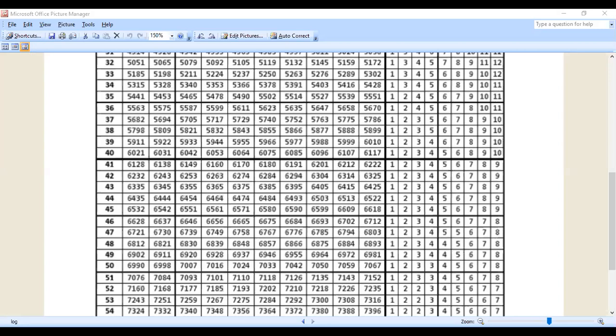So therefore size of class interval. Now we have to decide size of class interval.